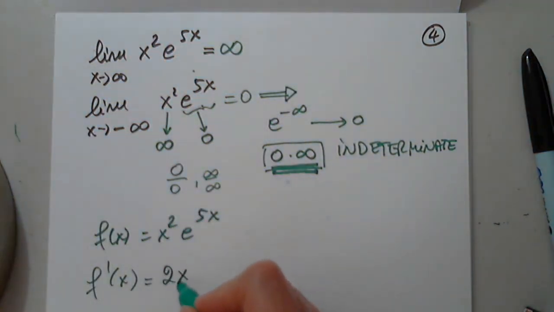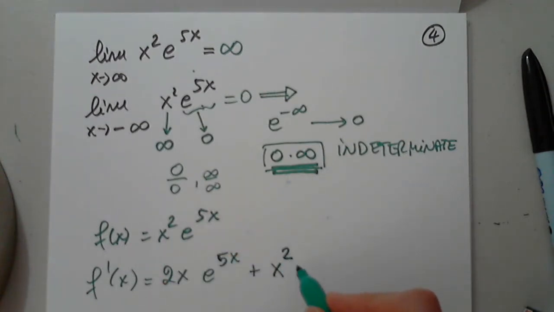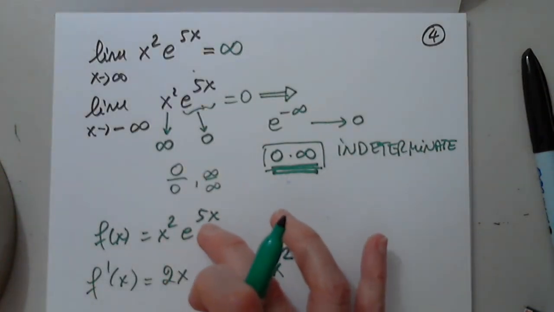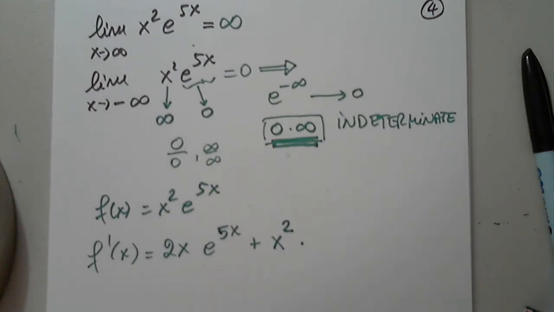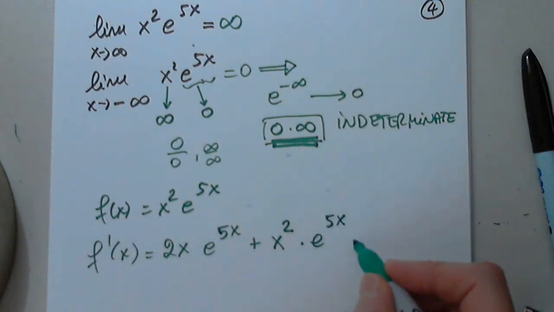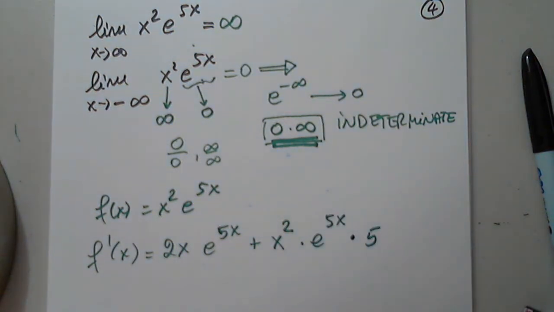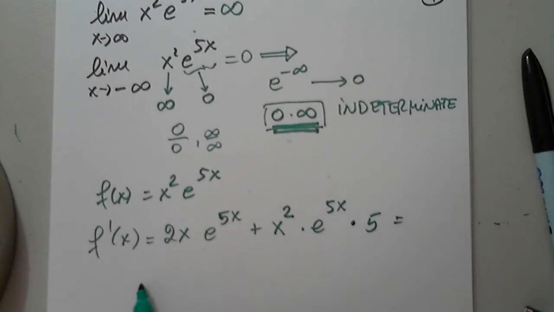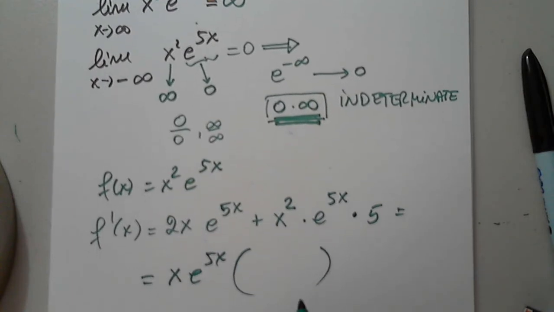So the first function prime is 2x e to 5x plus the second function times this one prime. Can anyone give us e to 5x prime? I have 5 e to the 5x. Very good. Awesome. Yes, of course, I have to clean it up and I will factor out x e to 5x. If I don't, I will not know what to do next.